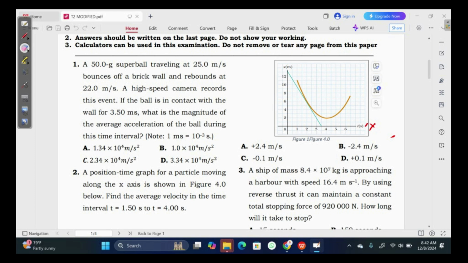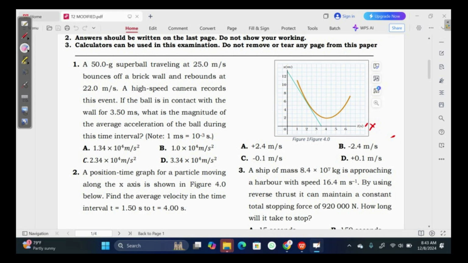Okay, so before we even look at the answers, the question is: a ship of mass 8.4 times 10 to the power 7 kg is approaching a harbor with a speed of 16.4 meters per second.